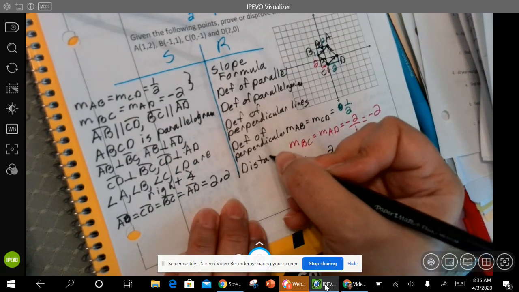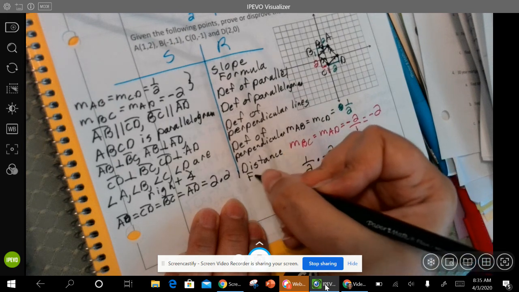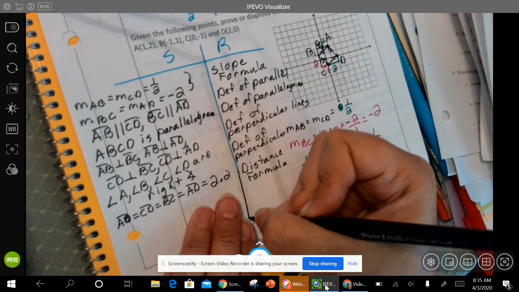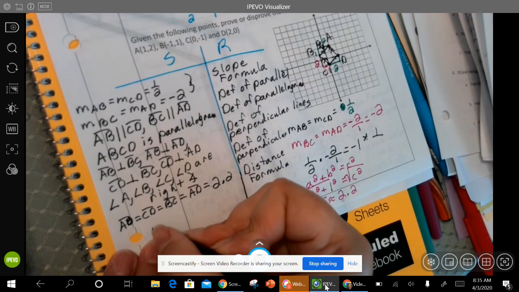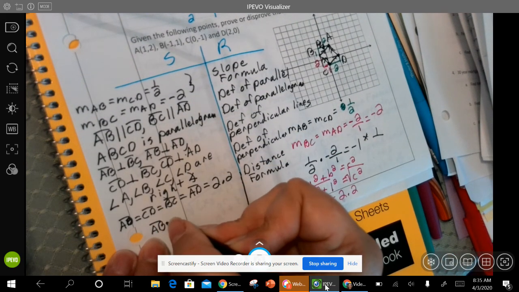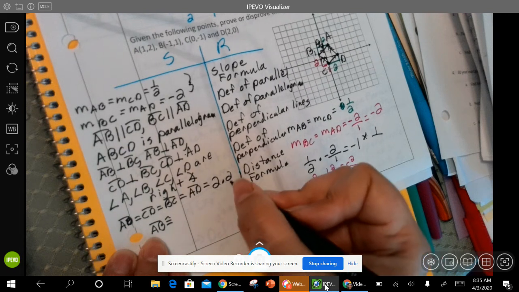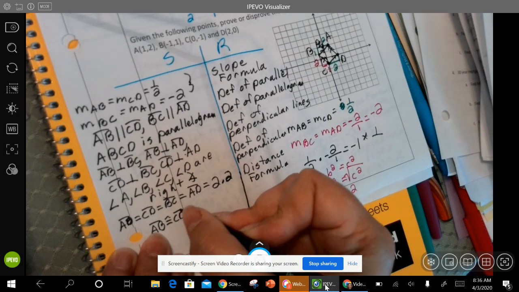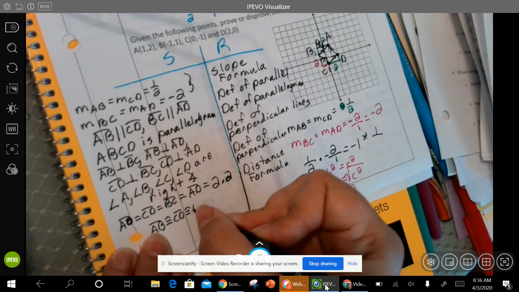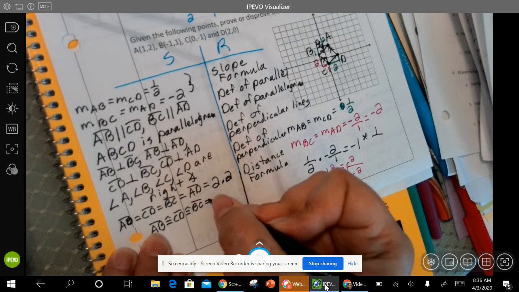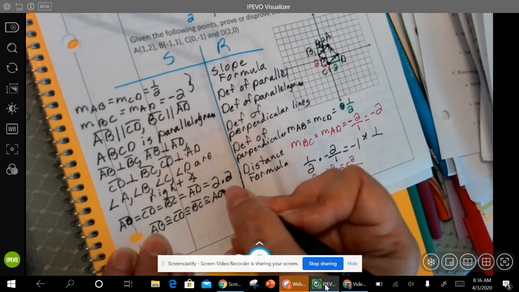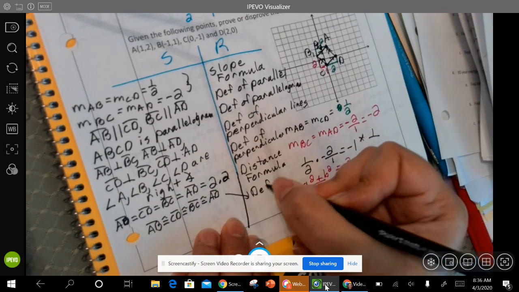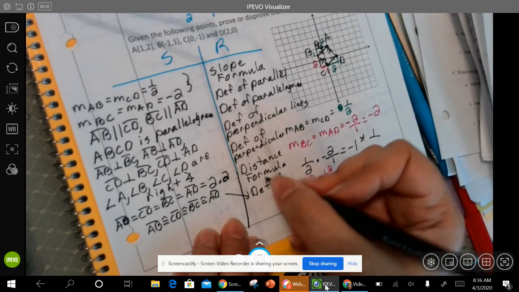Remember, Pythagorean theorem is another form of the distance formula, which means that since the measures are the same, everybody, it means that they are congruent. So all the sides are congruent. So definition of congruent.